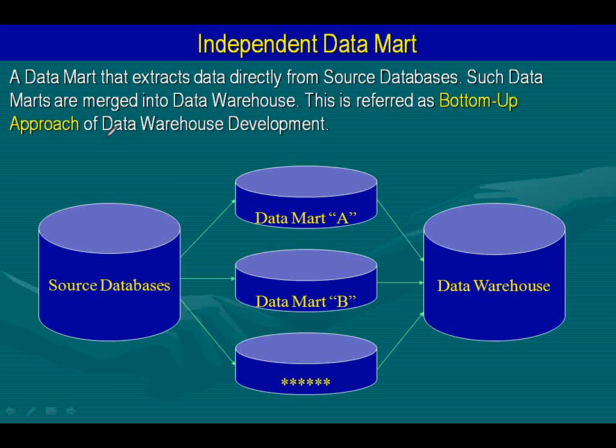So here, this mart is called an independent data mart. That means the mart never depends upon the warehouse for data. The warehouse depends upon the mart for data. It is called an independent data mart in this kind of approach.